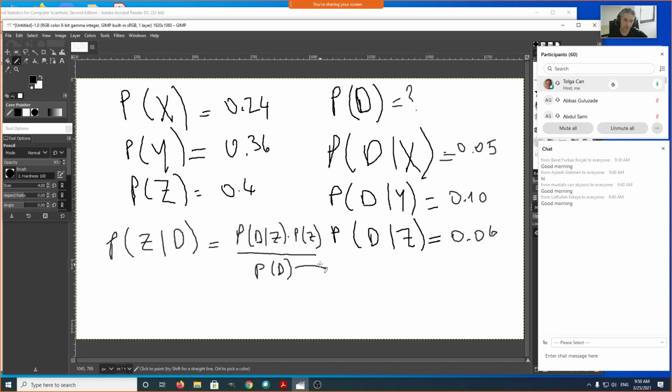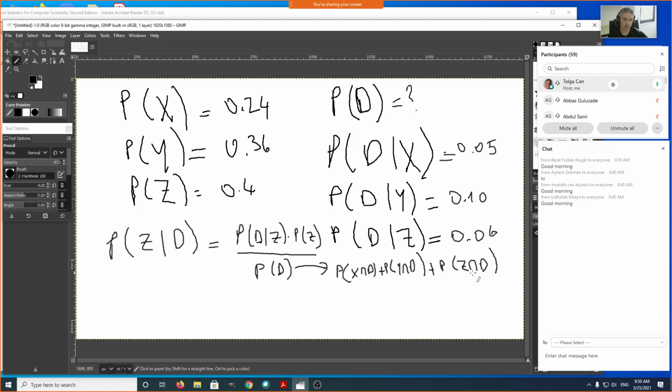So in other words, this lower part could be written as the probability of X and D, plus the probability of Y and D, plus the probability of Z and D. Okay, you understand this part, I hope.